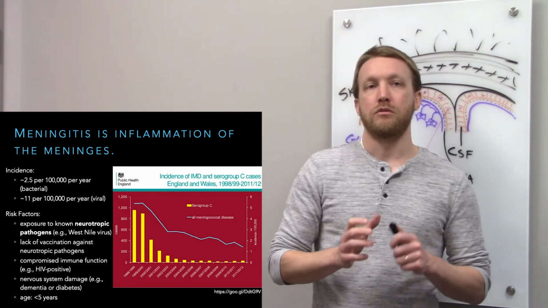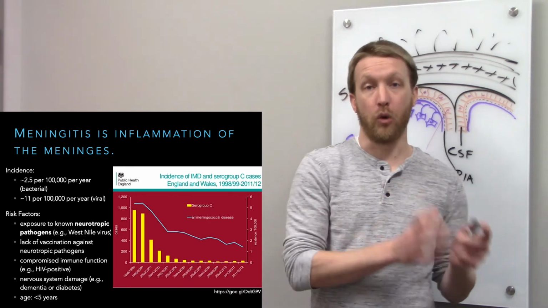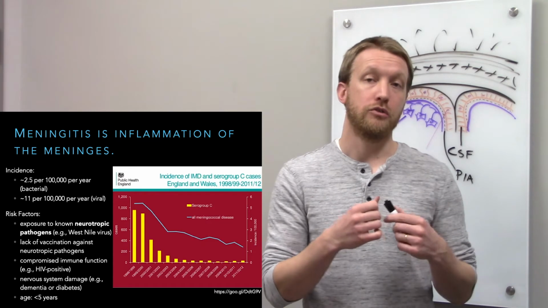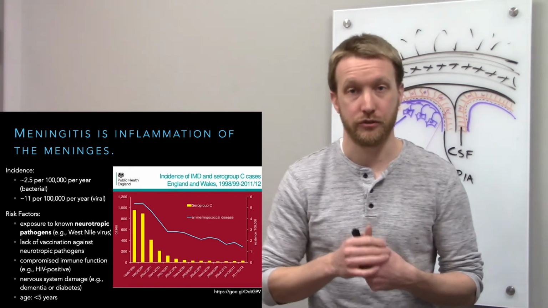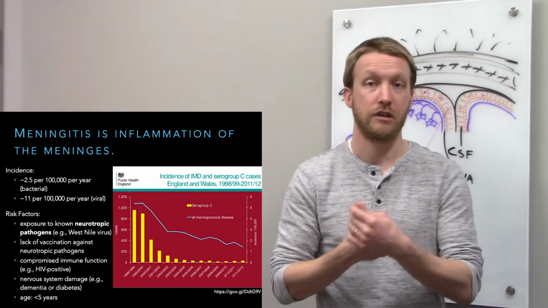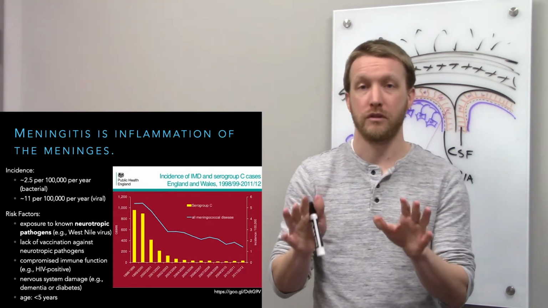And then, of course, those who are very young or very old. Very old is a risk factor because you are more likely to have damage in your nervous system. Could be a neurodegenerative disorder or a tumor, whatever it may be.